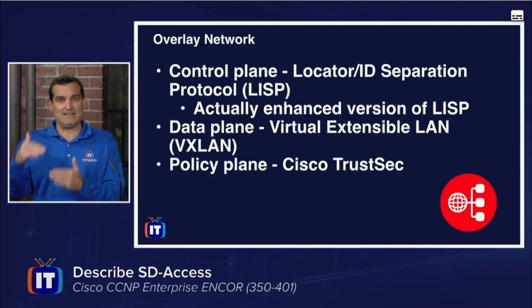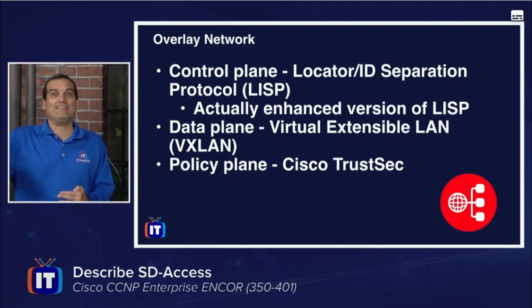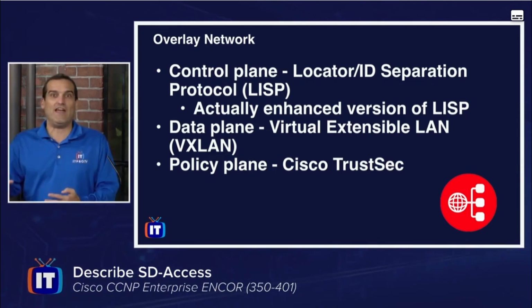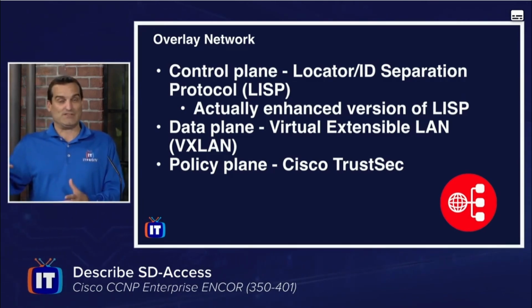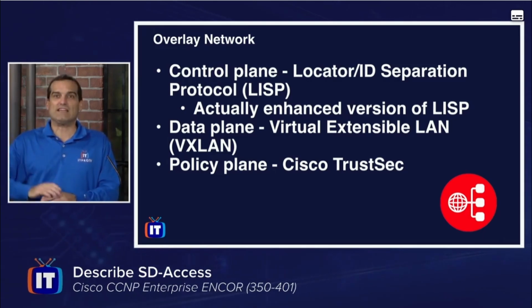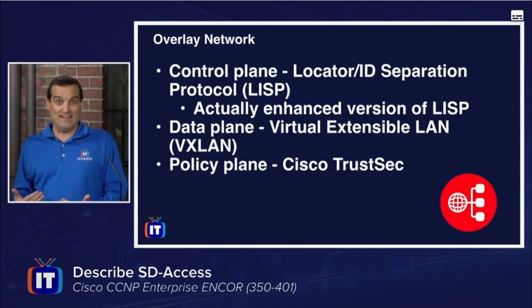Just so you know, let me not completely gloss over those now. The idea behind Lisp is an easier way to quickly track the end users and their devices in our infrastructure. We're going to actually circumvent the routing table, and we're going to very quickly locate those entities with Lisp. It's really cool. And then the VXLAN piece, that's going to give us a super hyper scalable way to do VLANs.